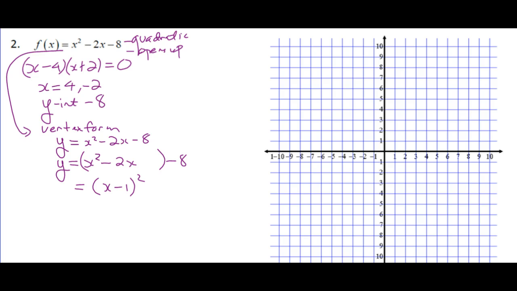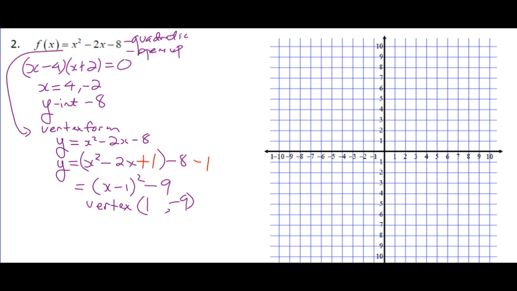And then what do I have to do up here? I'm going to have to add 1. And then out here, we're going to have to subtract 1. Okay, so the vertex is where? 1, -9.